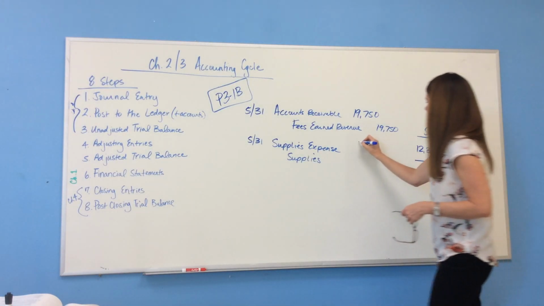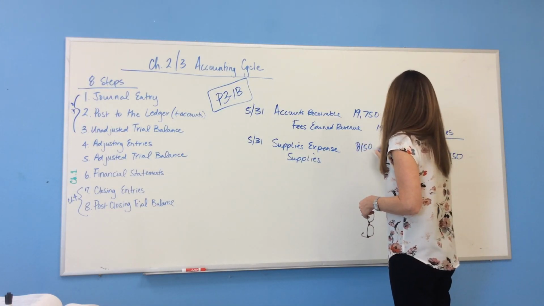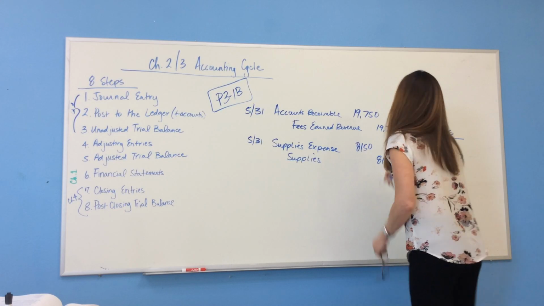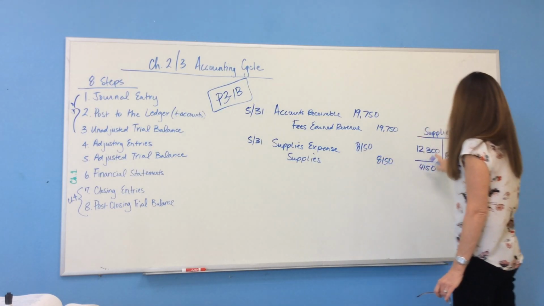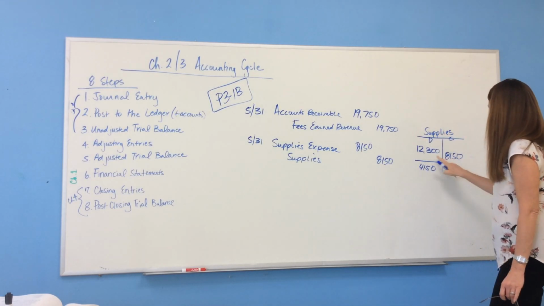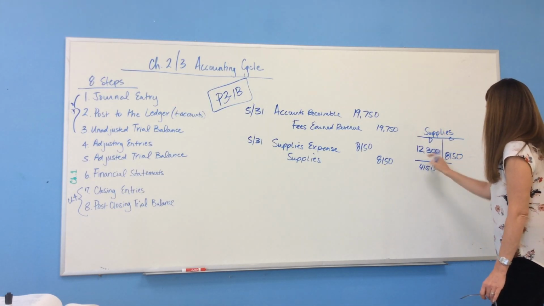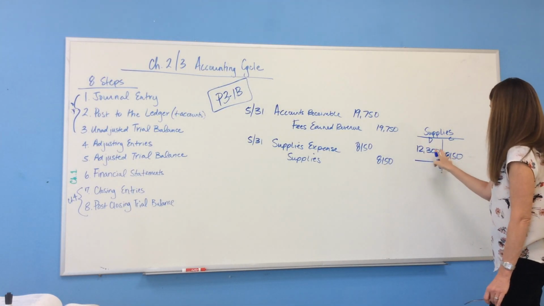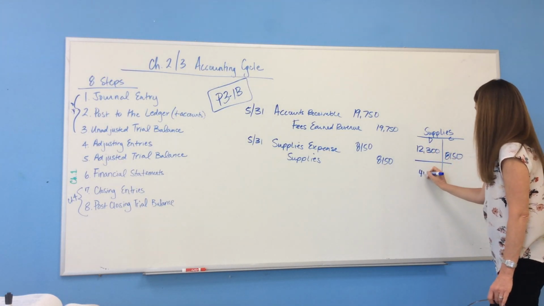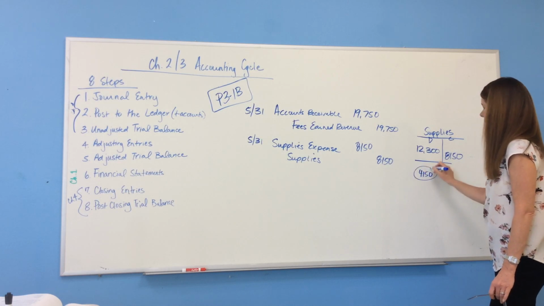So put that in here. So if I have a credit to supplies of $8,150, debit on the left, credit on the right, and I have that in here, now I take the difference between these two. The difference is that $4,150 that was given.